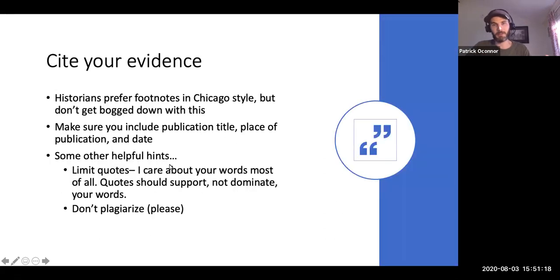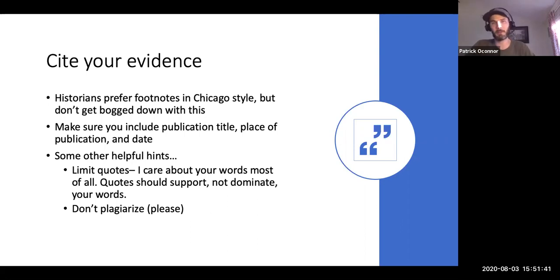Another one that's pretty straightforward: cite your evidence. Historians tend to prefer footnotes in Chicago style, and there's plenty of online sources that can show you how to do that. I don't get too hung up on this. It's not much of a concern of mine what style you put things in.